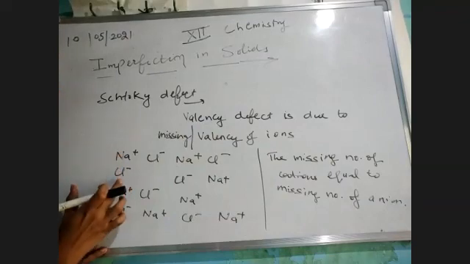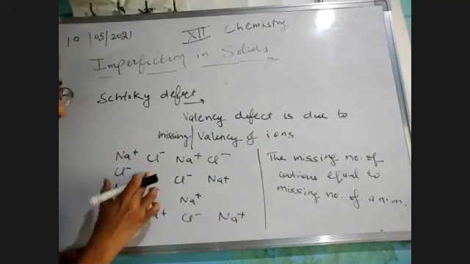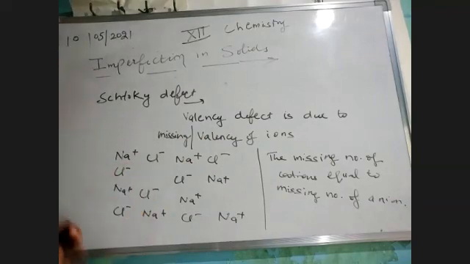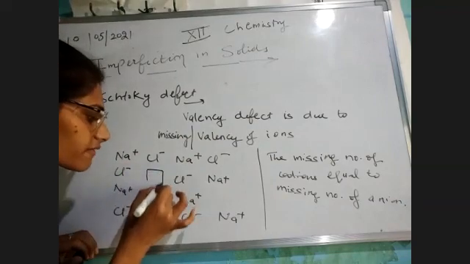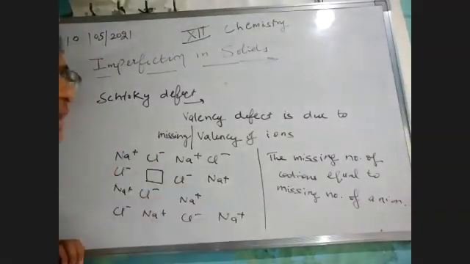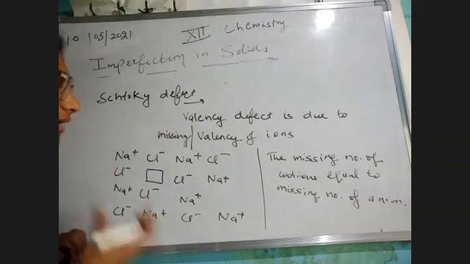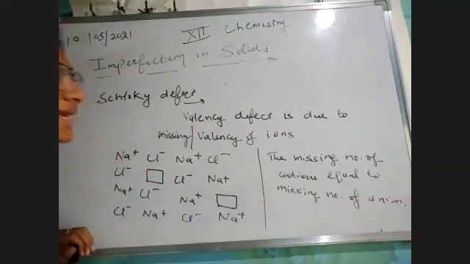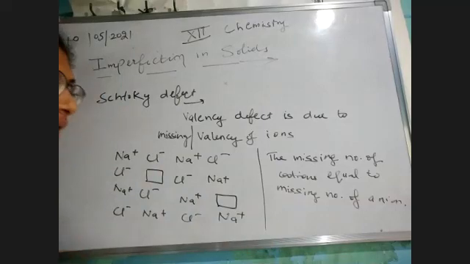After that, Na positive, Cl negative, and then we must have Na positive. But this Na positive is not over there, it is missing, there is a vacancy present over there. And in the same way, here Cl negative must be present, but this is also vacant.